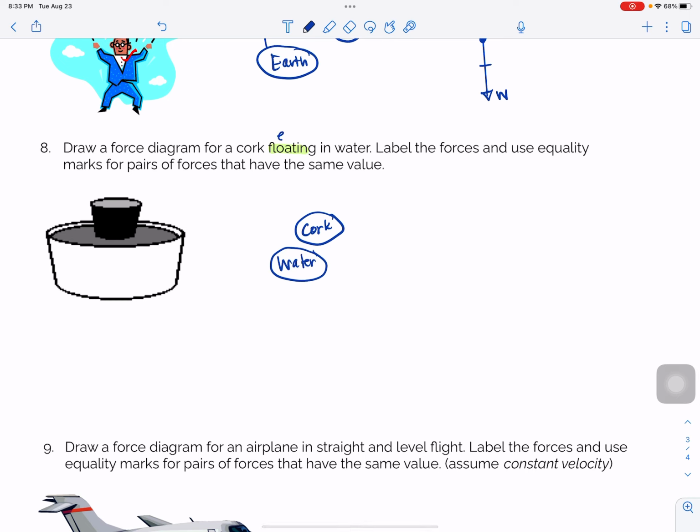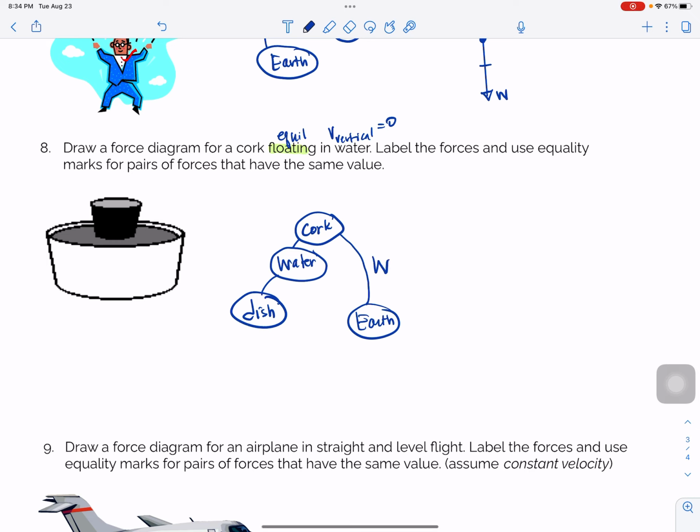So this is going to be equilibrium, and we're going to say V vertical is equal to 0. If you want to put the water is touching the dish, and then we also have the Earth. So water dish, water cork, cork Earth.